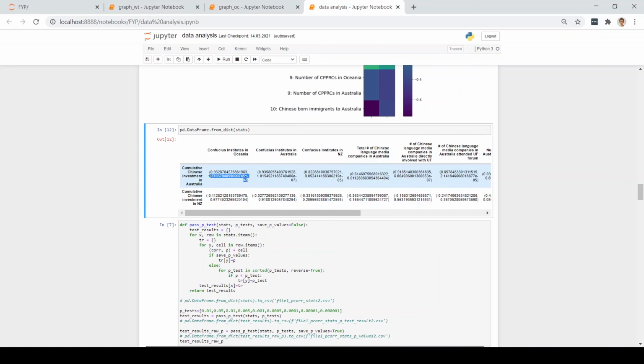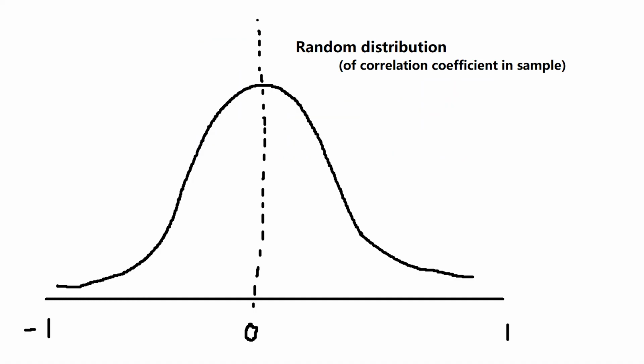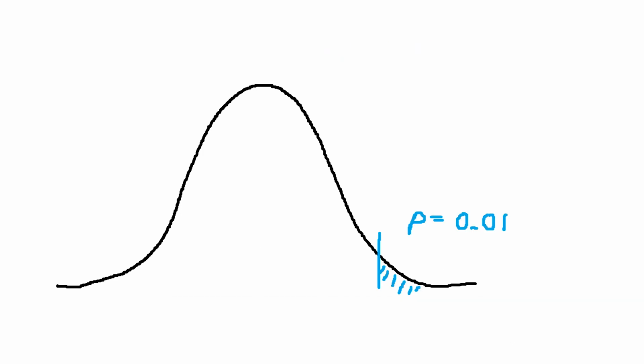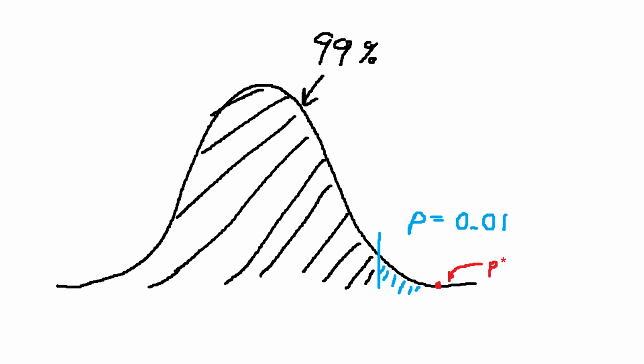So the p-value is compared against the p-test value. For instance, if we wanted to be able to reject the null hypothesis with a 99% certainty, we would set a p-test value of 0.01, and if the p-value is smaller than 0.01, as in this case, we can reject the null hypothesis and adopt the main hypothesis.